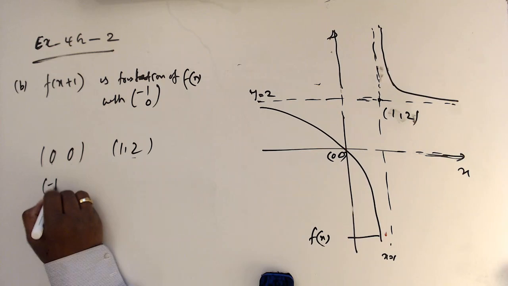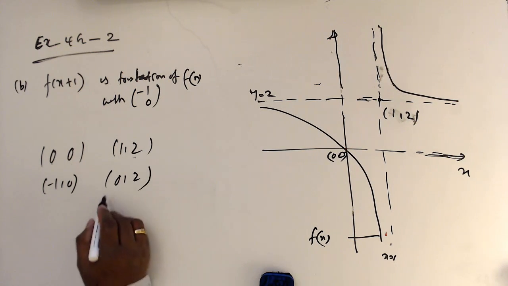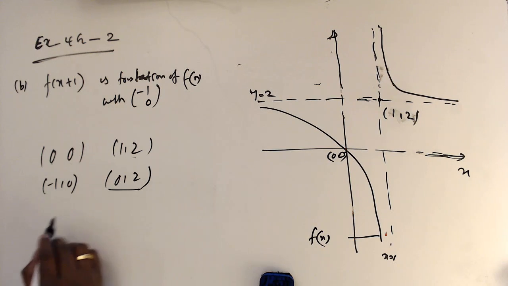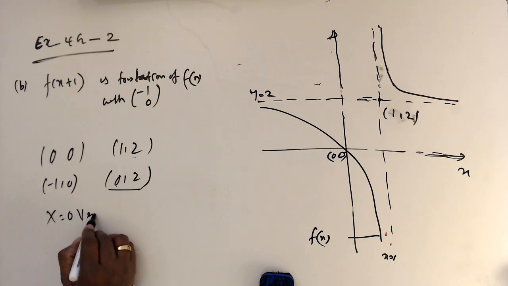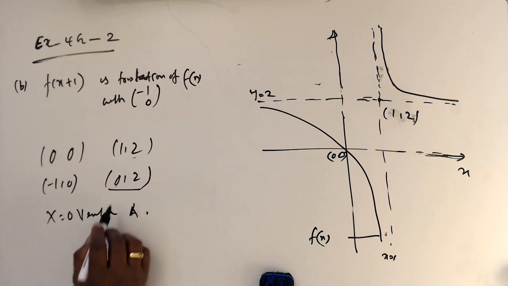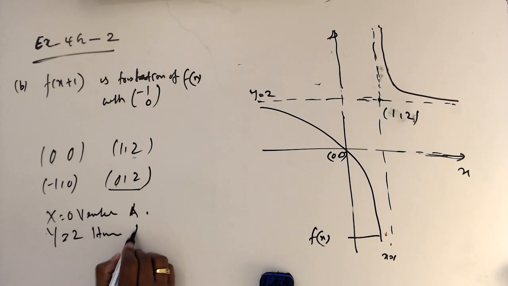So this becomes minus 1, 0, this becomes 0, 2. Now what is the new asymptote? So x equals 0 is the vertical asymptote and y equal 2 is the horizontal asymptote.